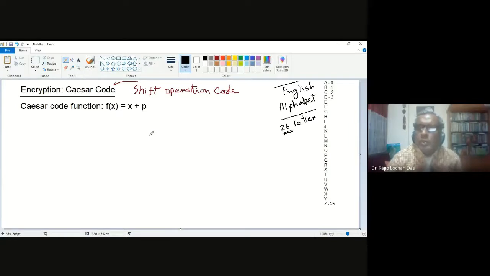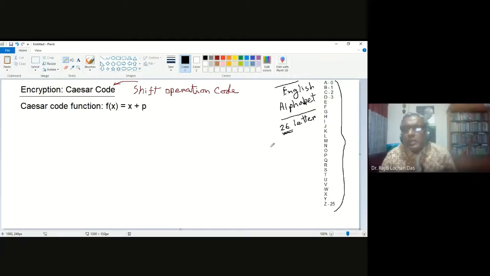So we will consider all 26 letters in the English alphabet, not small letter and capital letter differently, just all together 26 letters. The first letter A is 0, second letter B is 1, third letter C is 2, like that. Now let me tell you why these start from 0.